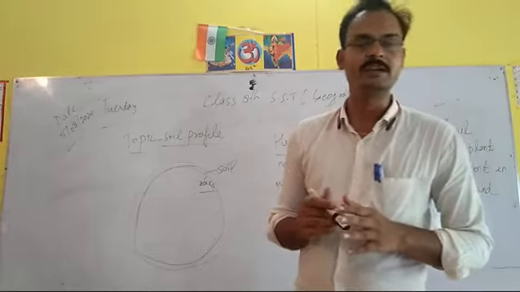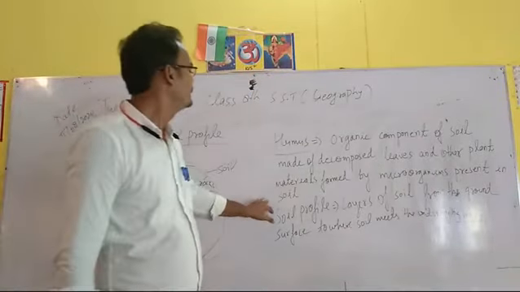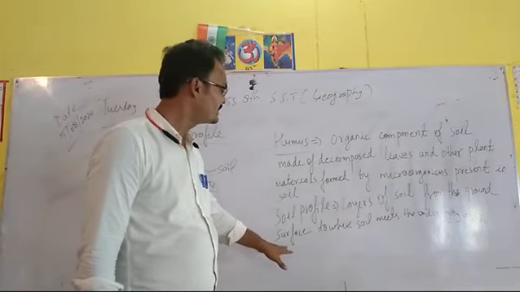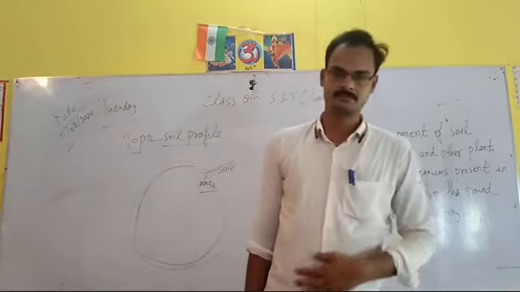These are the four main layers of soil. So students, what is a soil profile? It is the layers of soil from the ground surface to where the soil meets the underlying rocks.